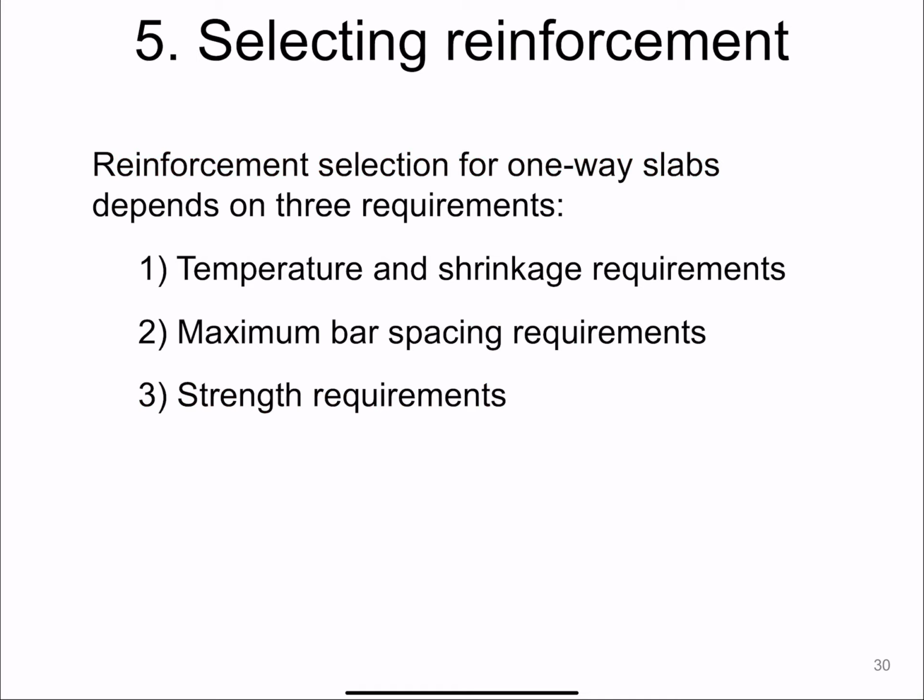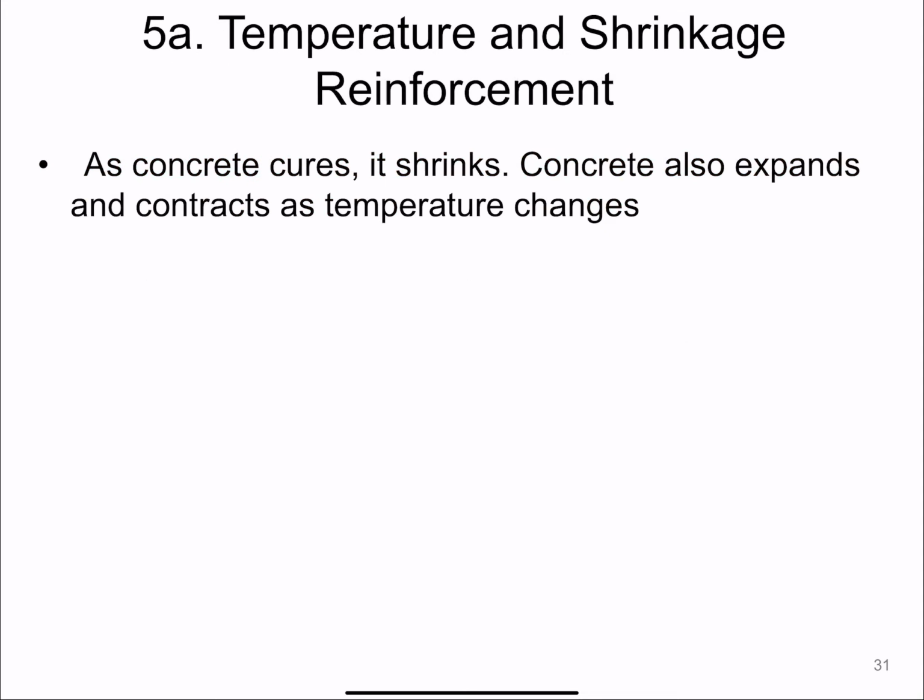We saw there are some deformations caused by temperature and shrinkage, but how does that work? As concrete cures, the chemical reaction in which the cementitious product attains its strength is going to use up all the water, and then the concrete is going to dehydrate.